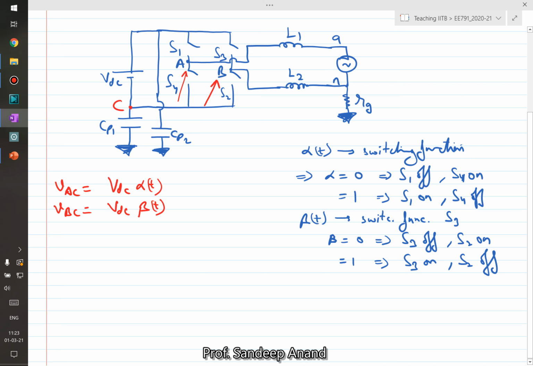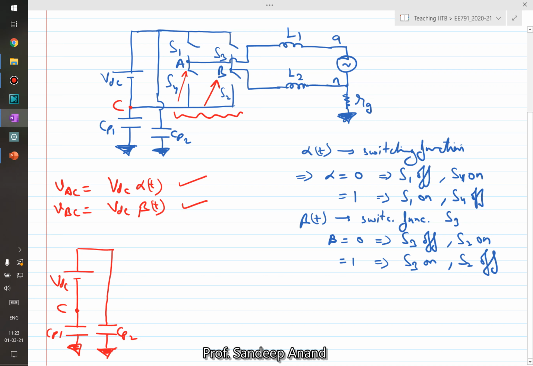So now I can redraw the above circuit something like this. I can replace the switching network with two voltage sources, VAC and VBC. So on the DC side we have VDC, right? Then there is a point C, there is capacitor CP1 connected to earth, and then from the positive side there is another capacitance CP2 connected to earth.